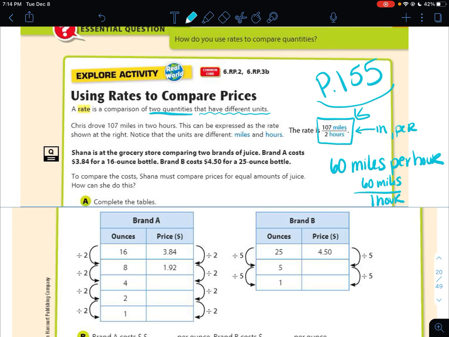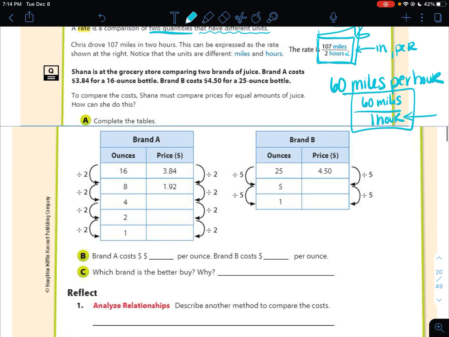So if I look at these 2 rates, 107 miles in 2 hours and 60 miles in 1 hour, those are not easy to compare because we're talking about 2 totally different time frames, 2 hours and 1 hour. So very often in rates, they have you do a little math and get the same bottom number. That way it's very easy to compare. And we're actually going to do that in an example right here just to show you what I mean.